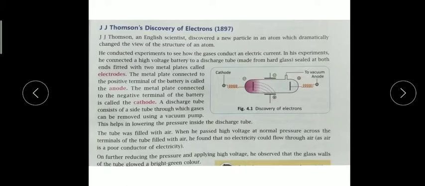So all these are the properties, and they always travel in a straight line. Even though we provide an electric field, a magnetic field, or any obstacle in the path, only then will they show the effect. Otherwise they will bend or deflect, or otherwise travel on a straight path.